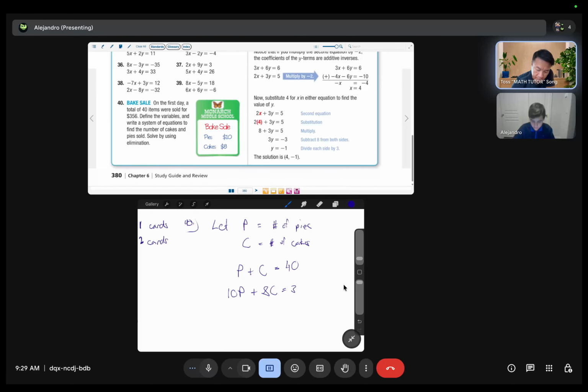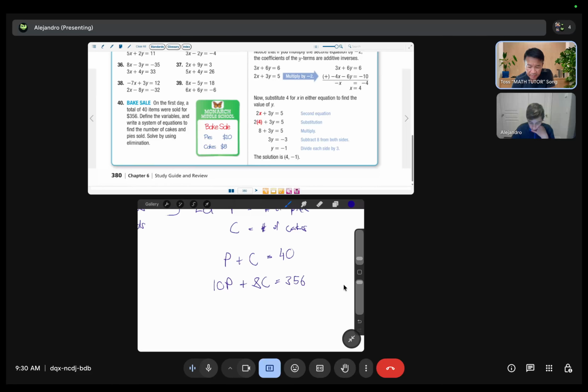Yes, that's it. The second equation is relating to cost in dollars. Again, we don't care about that, because your answer will be the number of cakes and the number of pies. Now, there's no decimal here already, so we don't have to worry about it.